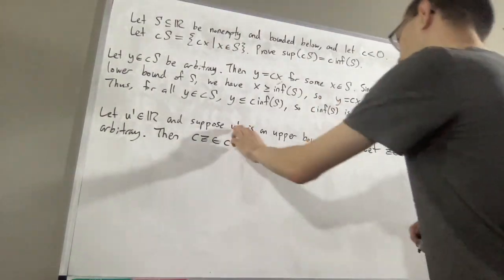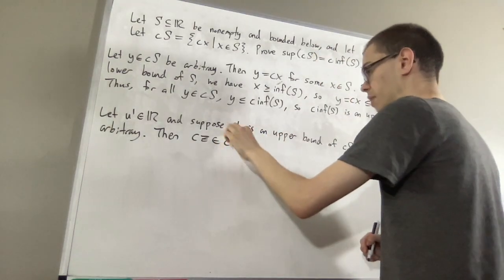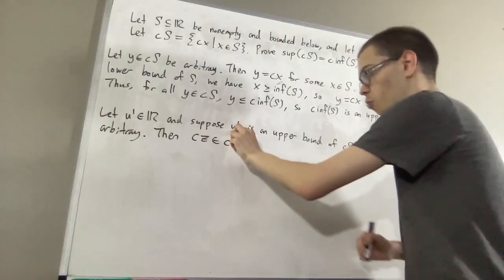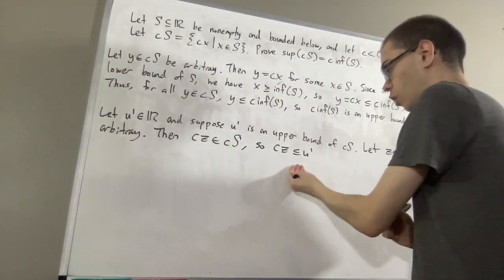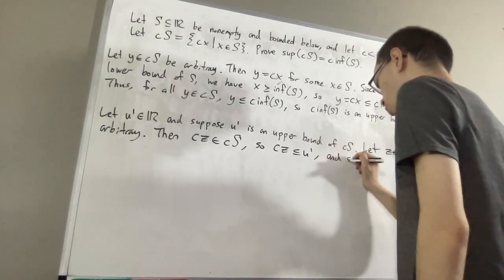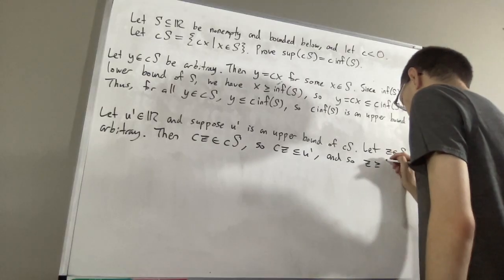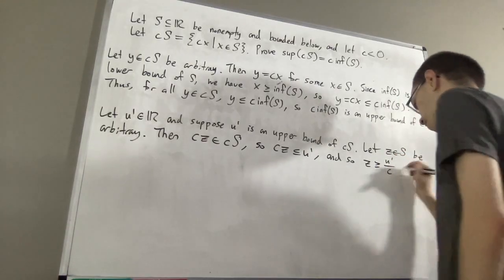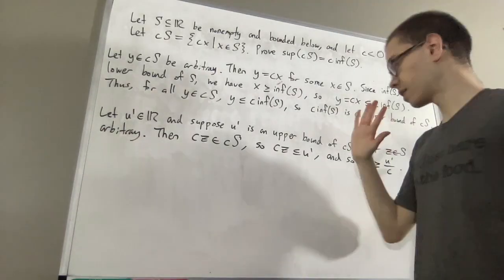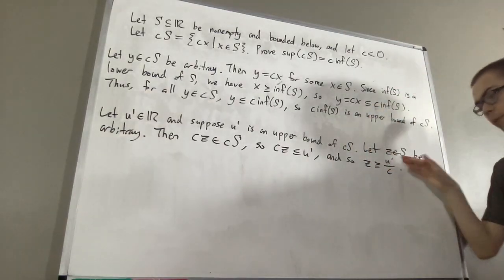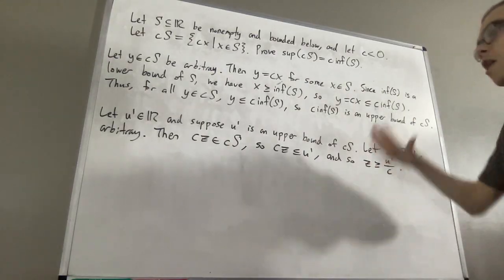And since u prime is an upper bound of cS, every element of cS is less than or equal to u prime. So cz is less than or equal to u prime. But then dividing c on both sides, that flips the sign of the inequality. And so that will give us z is greater than or equal to u prime over c. So this shows if z is any element of S, it follows that z is greater than or equal to u prime over c. So u prime over c is a lower bound of S.